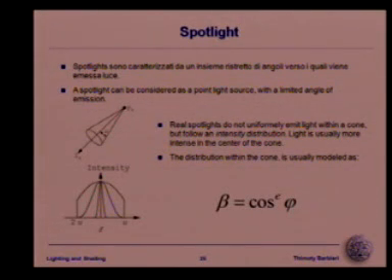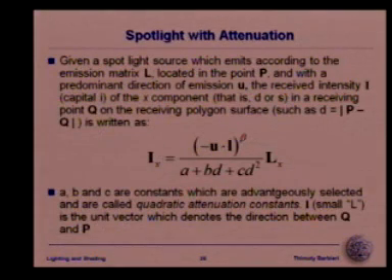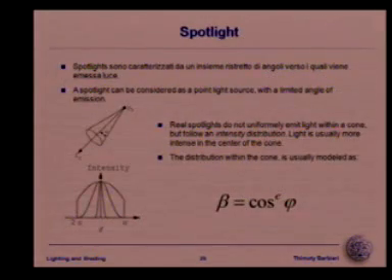You could, for example, specify that most of the light is toward the center of the cone, like here, or that there is a smoother distribution of the intensity within the cone, like this, and so on. You model this like a cosine, and usually this also is a parameter which is given. So we will call it beta. Beta will be the distribution of the light intensity within the cone.